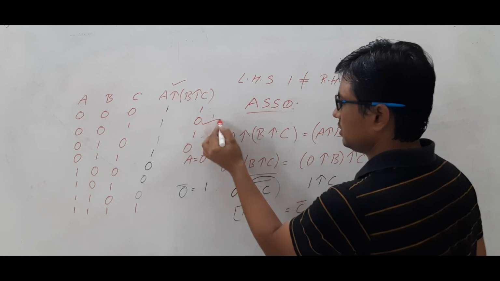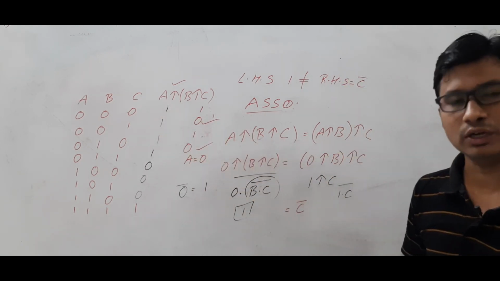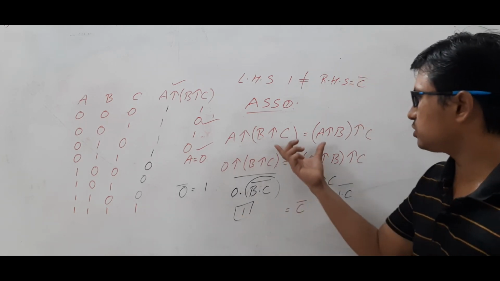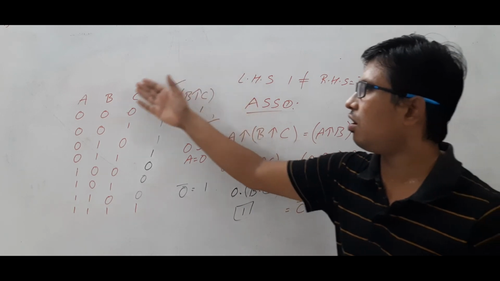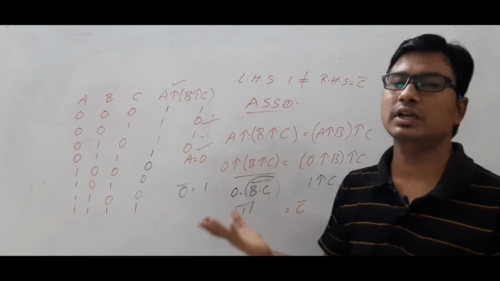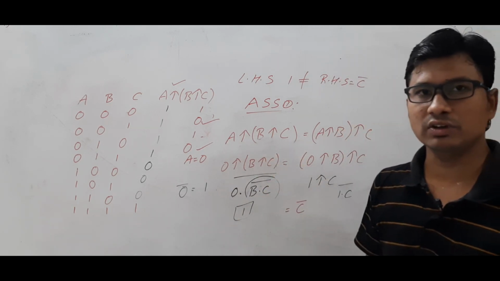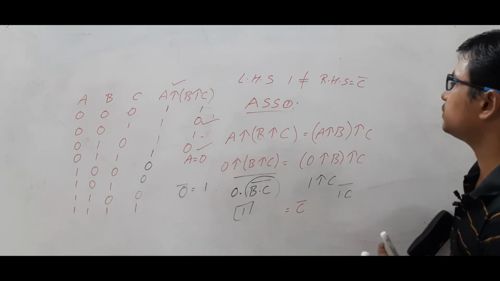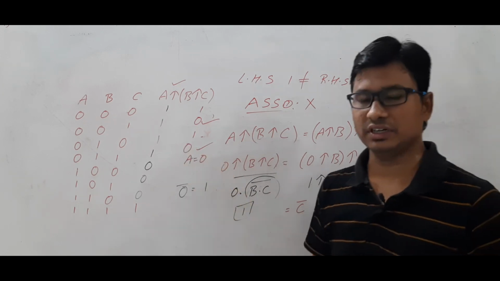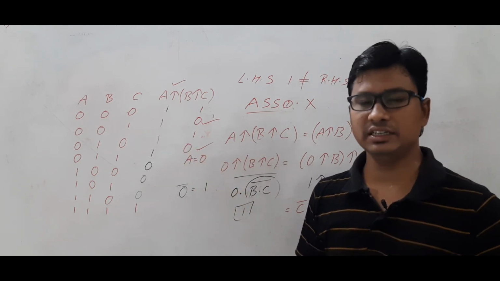In these two cases, this function and this function are not equal. Are you able to understand what I have said? I can say that these two functions are equal only if, for all the 8 combinations, they are producing the same output. But since they are not equal, I can say that associativity is not satisfied in the Nand function. I hope you have understood what a Nand function is and its properties.